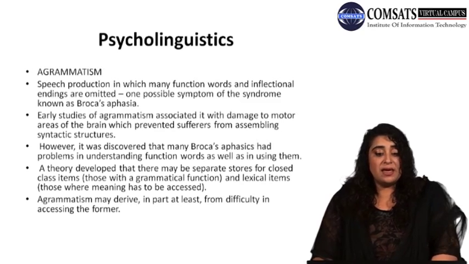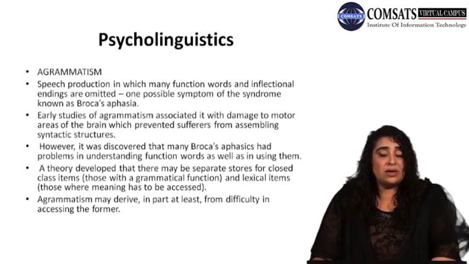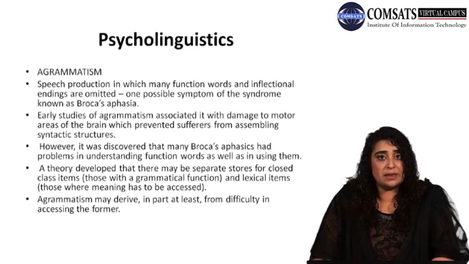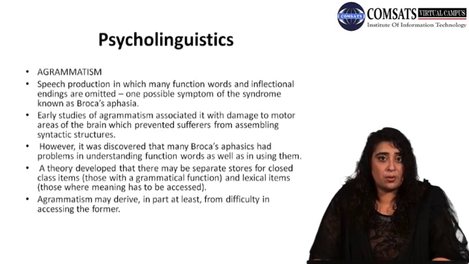Early studies of agrammatism associated it with damage to motor areas of the brain, which prevented sufferers from assembling syntactic structures. So once again, agrammatism is a brain disease, and what gets affected is the motor areas of the brain, the areas producing the nerve signals for language and the motor skills, the things we physically perform.